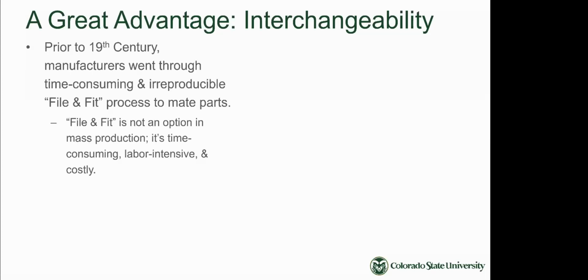Early in the Industrial Revolution, all parts were handmade and assembled under this custom process, and every single part of an assembly was painstakingly adjusted to fit perfectly with its mating part. And typically, one business would be responsible for every part in an assembly because there were no standardizations like we have now, where you can buy stuff off the shelf and it's guaranteed to mate. Everything had to be custom made.